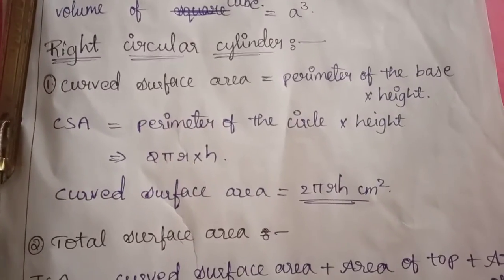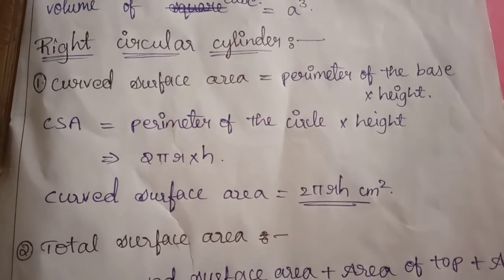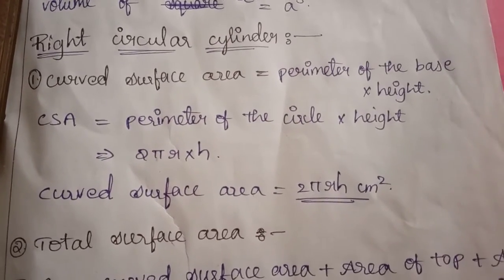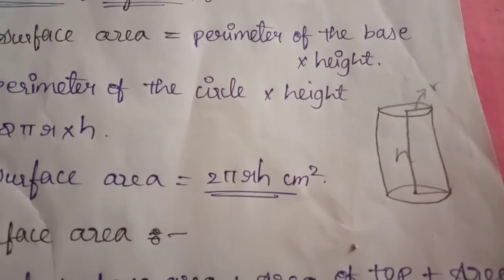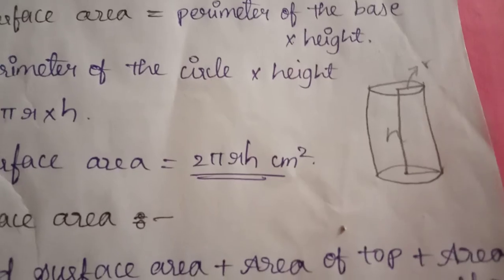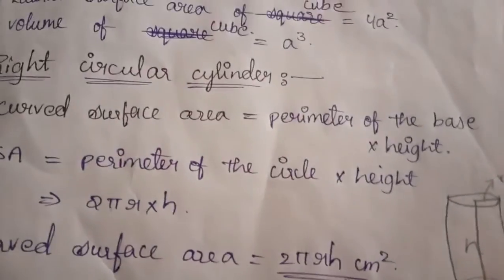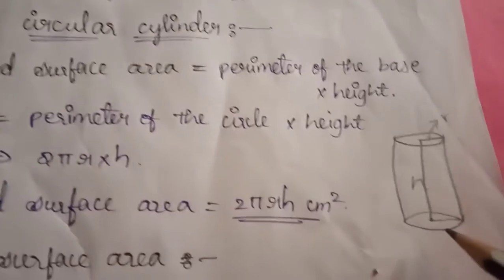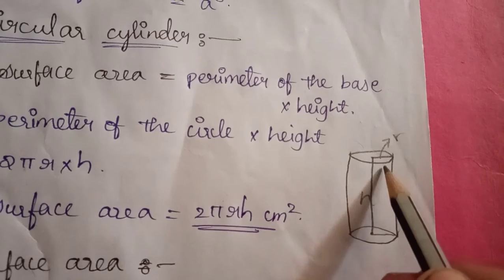The next one is the right circular cylinder. We have already seen the cylinder image before. Here I have drawn it again. This is the cylinder, a rough sketch. We have said right circular cylinder, that means the radius and the height should be at 90 degrees.